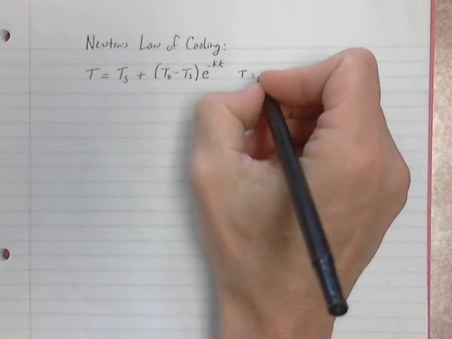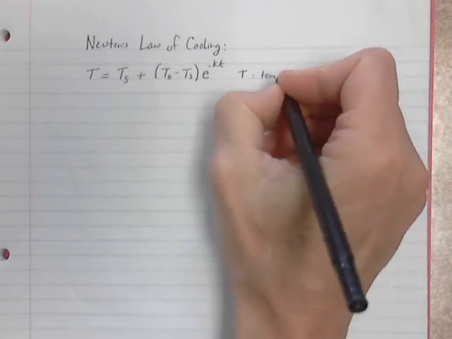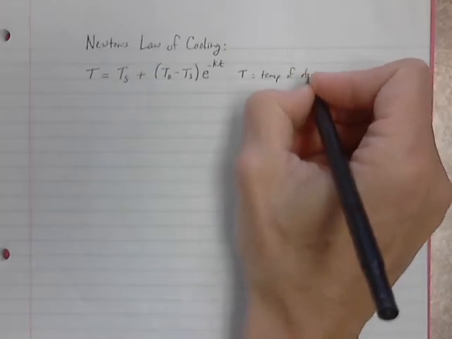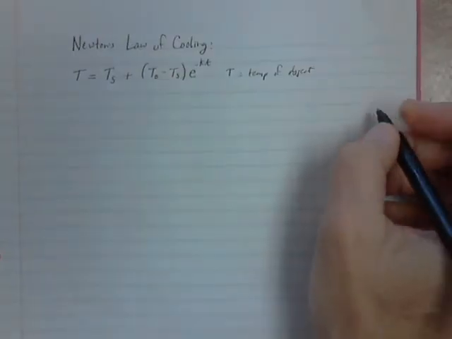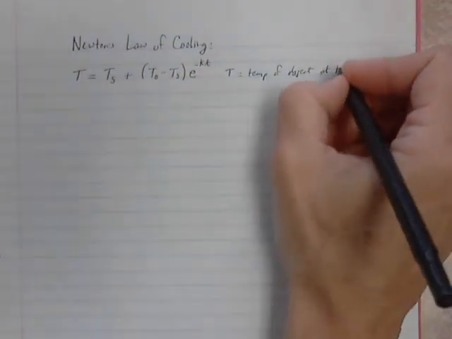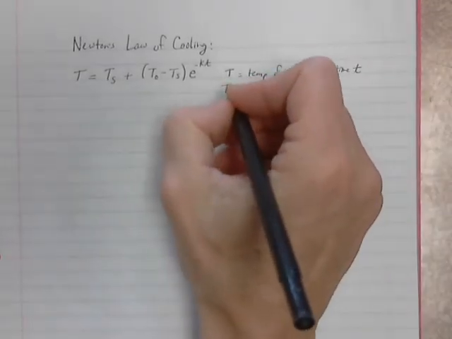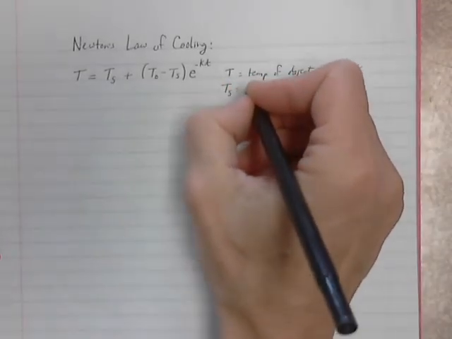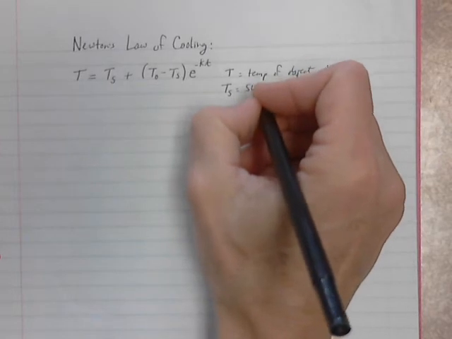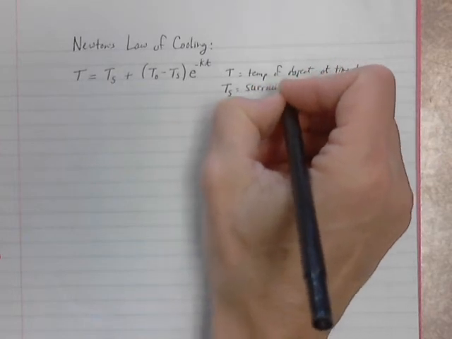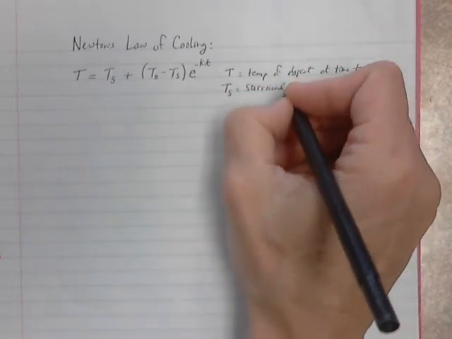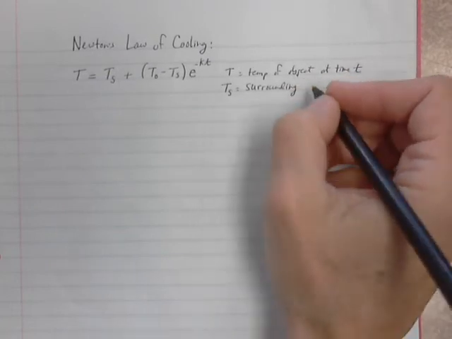Capital T is the temperature of the object at time little t. T with the little subscript s is the surrounding temperature, or in other words, the room temperature. Usually it's room temperature, unless you submerge something in water.